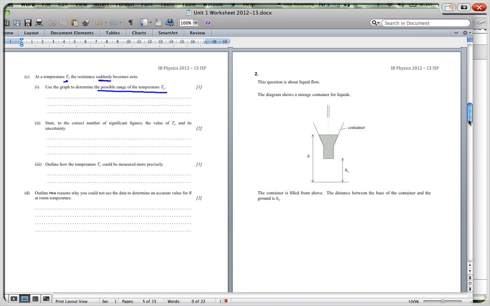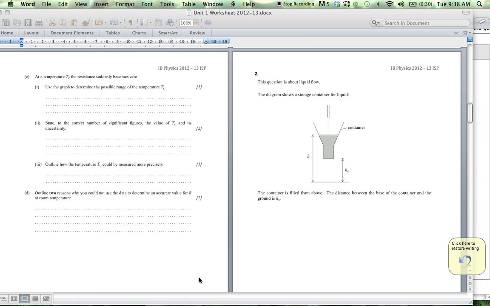State the correct number of significant figures for the value of Tc and its uncertainty, and outline how the temperature Tc could be measured more precisely. And then for D, outline 2 reasons why you could not use the data to determine an accurate value for R at room temperature. So those are the questions that we'll be looking at.